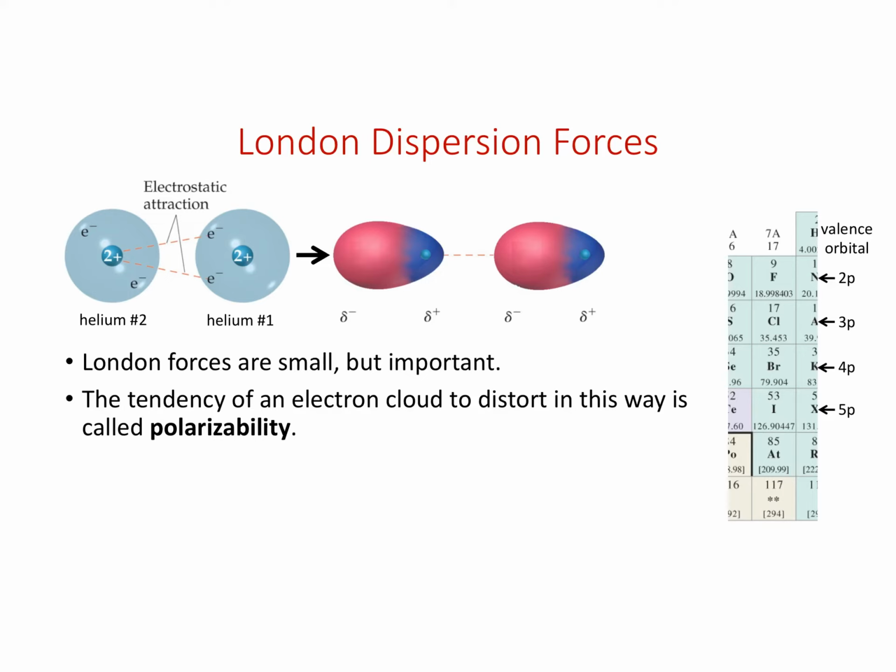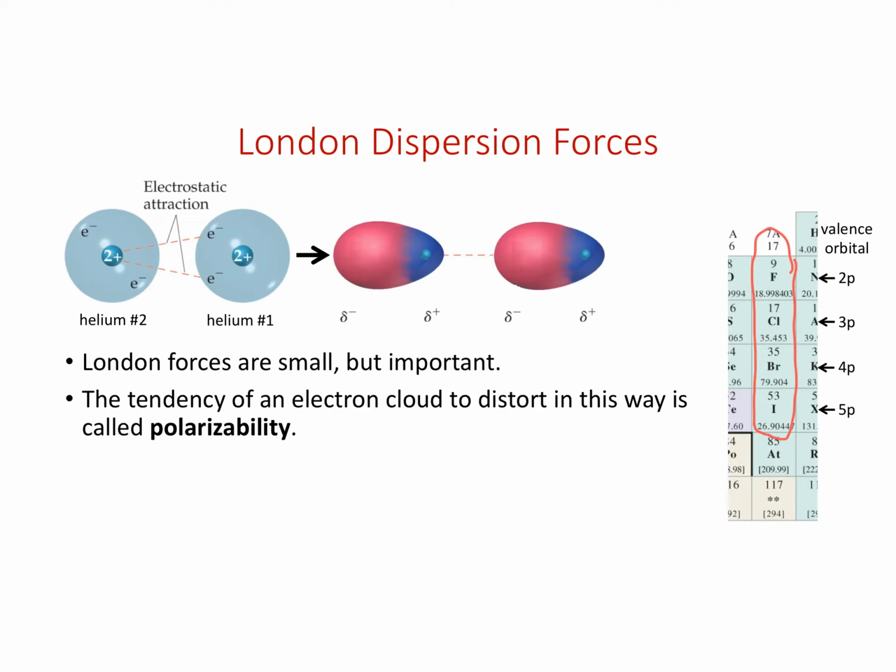London dispersion forces are not equal. They will change as we talk about different elements. And so to exemplify that, we're going to look at this series of halogens. We're going to look at fluorine, chlorine, bromine, and iodine. So all 4 of those are halogens, but they differ in their ability to have London dispersion forces.